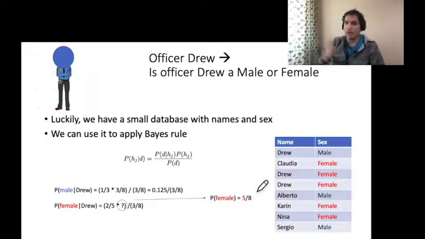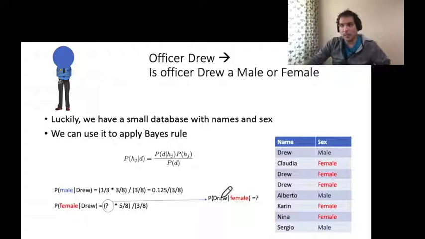We are almost there. Now what we need to compute is the probability of Drew given all the females. So of all the females that we have, what's the probability of seeing a Drew? That's going to be quite simple as well. We only focus on the females: this one, this one, this one, this one, and this one.